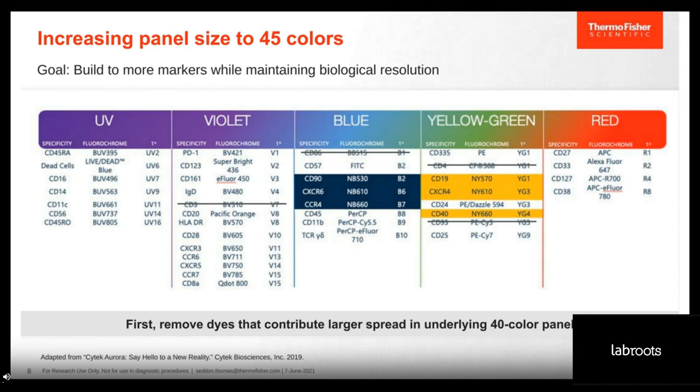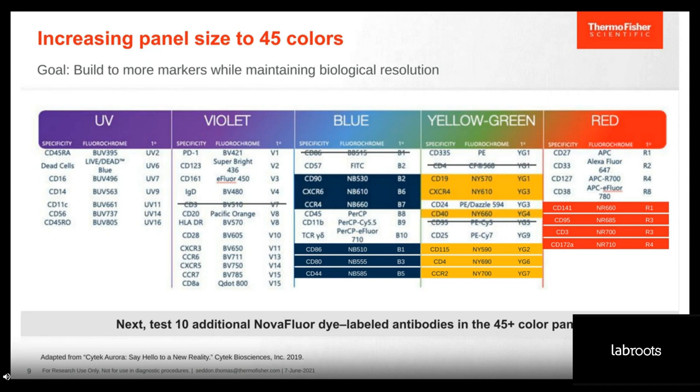And for those of you that may or may not have been to some of the previous talks that we did under the umbrella of Phitonex, and now having been acquired by Thermo Fisher, you can see that this is taking originally a 40 color panel and then looking at where the issues of spread are, removing the dyes, and then adding in additional NovaFluor dyes with the antibodies conjugated to them, and then testing to see what works and what doesn't work.